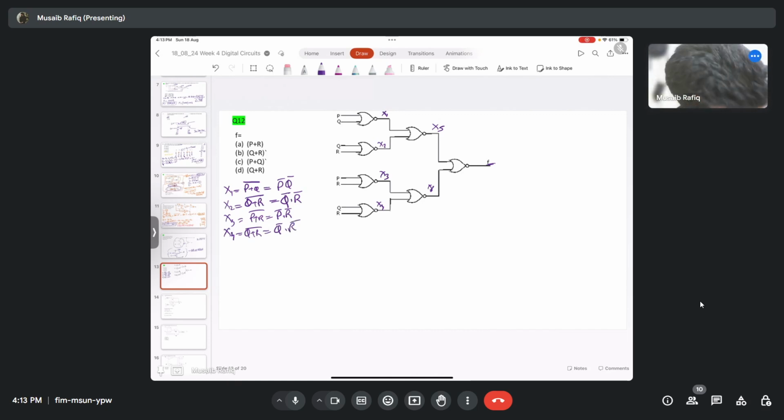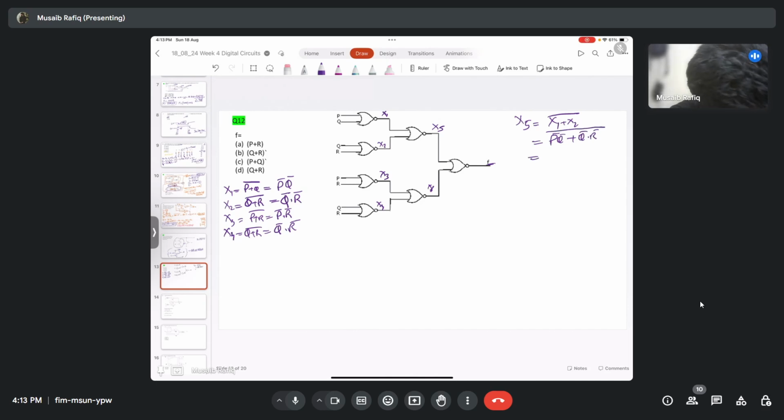Now my x5, let me just write it here. My x5 will be equal to (x1 plus x2) whole bar, that is (p bar q bar plus q bar r bar) whole bar.